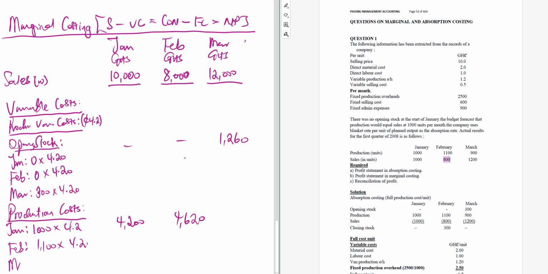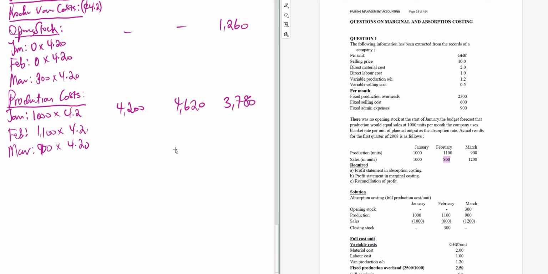Then March, we produced 900 units at 4.2, and we had 3,780.